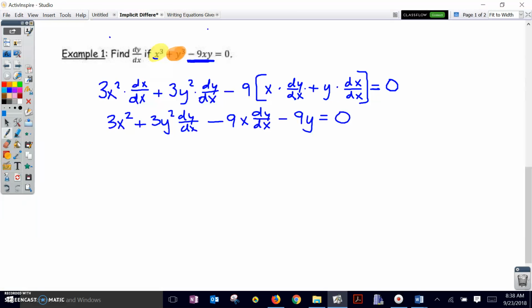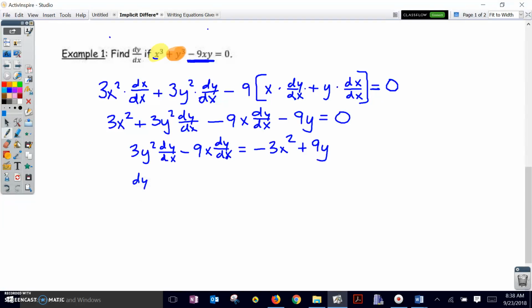We want to use appropriate equation solving techniques to solve this for dy/dx. And in this case, that means we're going to subtract 3x squared from both sides and add 9y to both sides to get the 3x squared and the minus 9y off of the left-hand side.